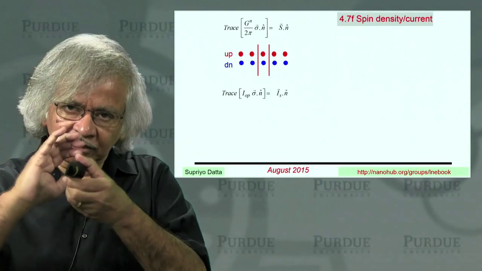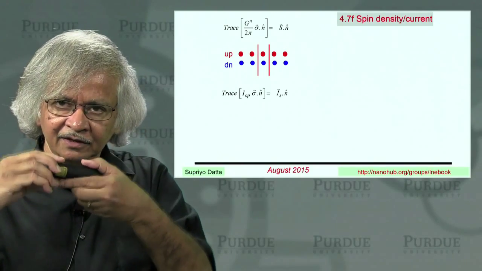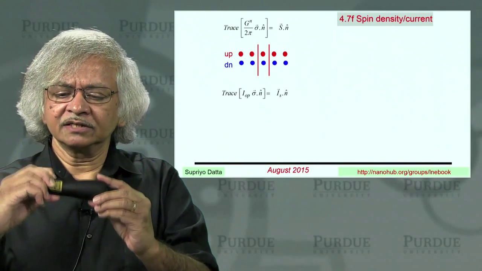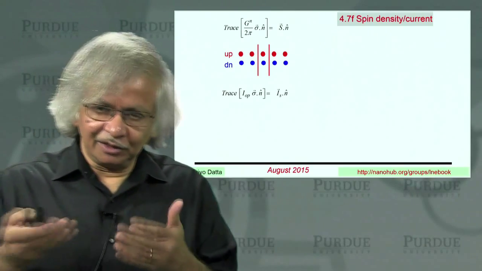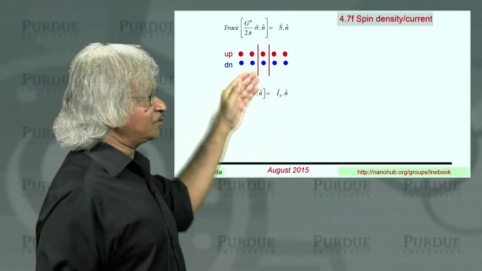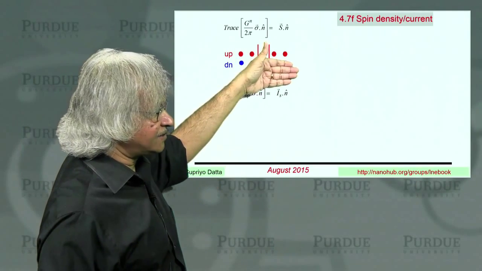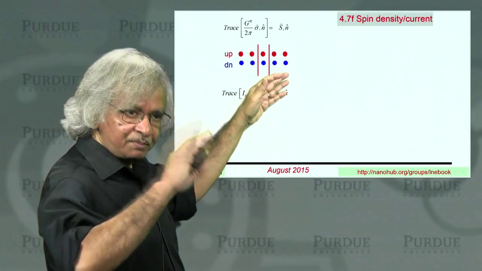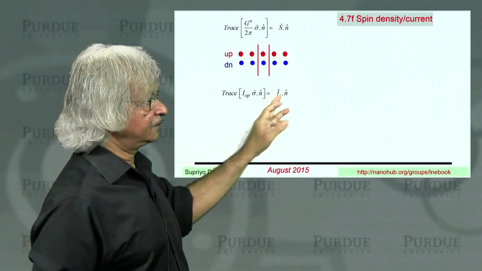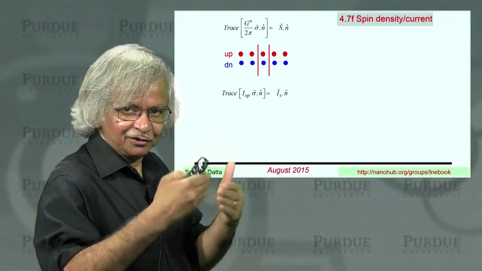But here we are talking about current in a particular direction, and it's still a vector because it could be carrying a spin in a particular direction. So what I mean is we're talking about current in this direction, and this vector represents the direction of the spin that is being carried, not the direction in which the current is flowing.